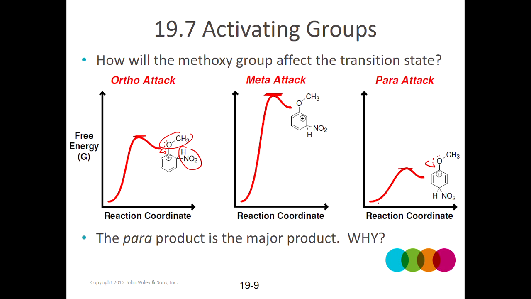So it will happen more often simply because the transition state is lower. And so what we see in this case is the para product is a major product. So the difference in this transition state energy here versus here is a big enough difference where the lower energy transition state happens more often, specifically because of the sterics.